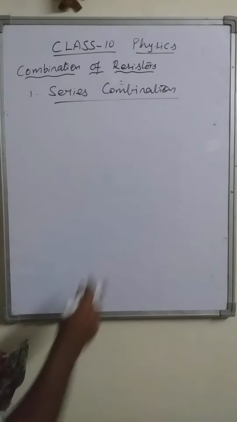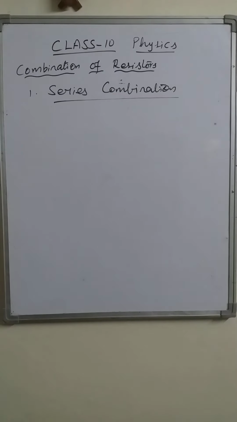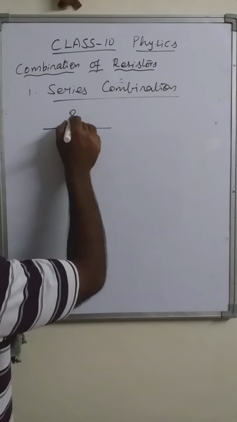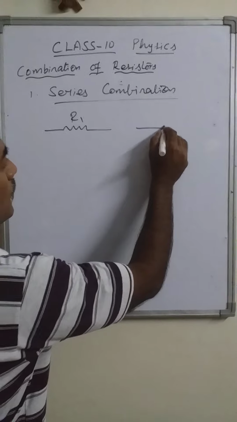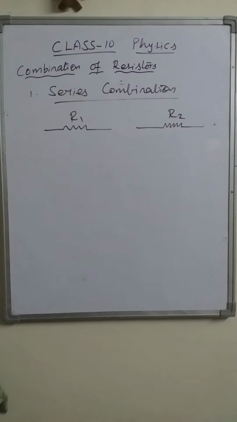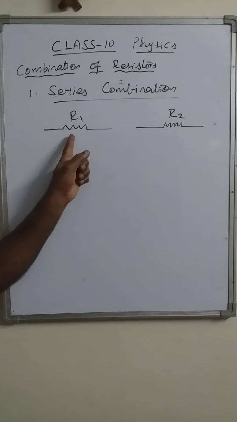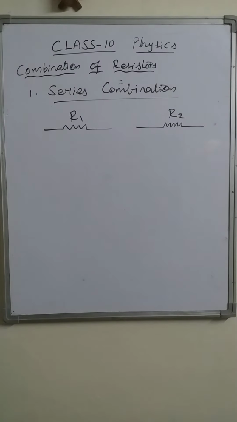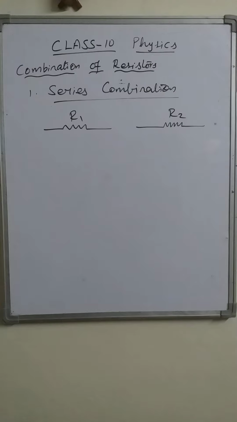Suppose two resistors, one is R1, the other one is R2. They have different amounts of resistance. If we flow current through R1, it gives some opposition. R2 also gives some opposition. Both are different.